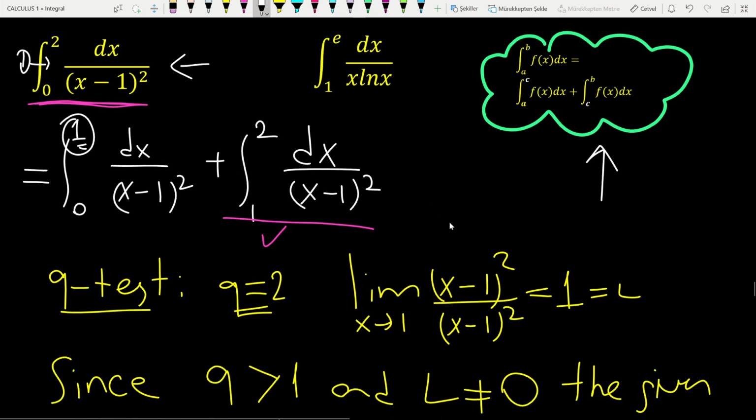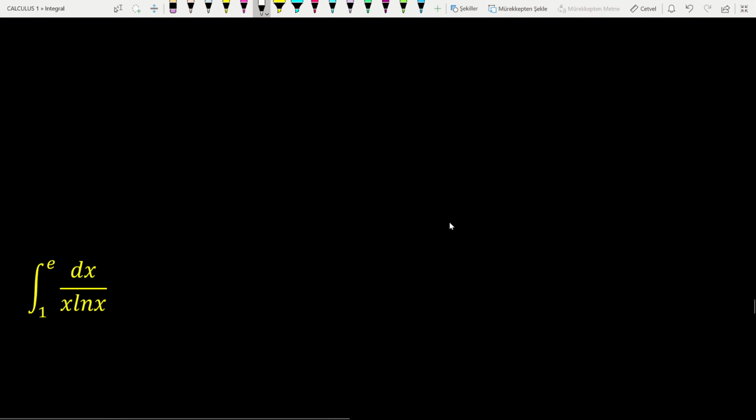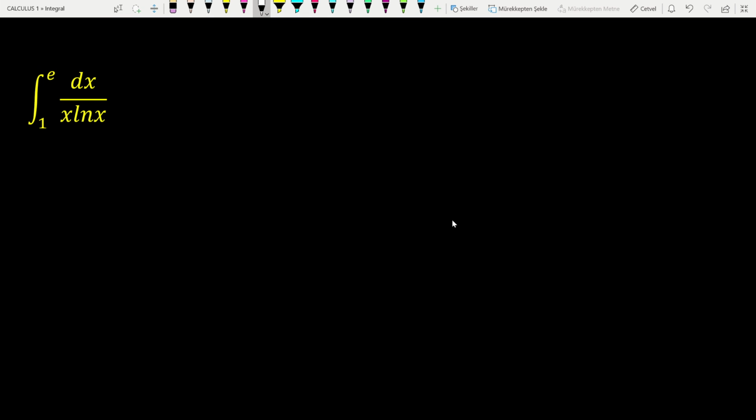Now we are ready to look at the second example, the integral from 1 to e dx over x ln x. Okay, what do we say about this improper integral? First, let me write down f. f is 1 over x ln x. I first want to use the limit comparison test, not the modified version.